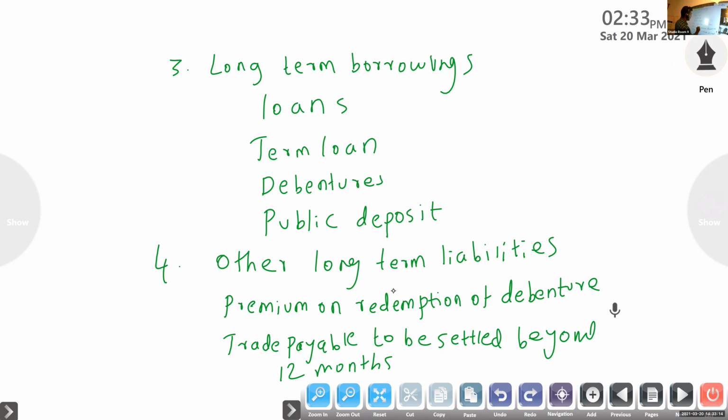Redemption means repayment. Premium on redemption of debenture, trade payables to be settled beyond 12 months. Okay, next, long-term provision.